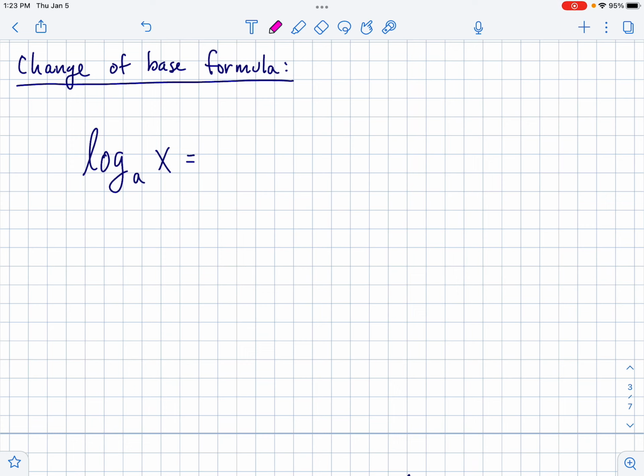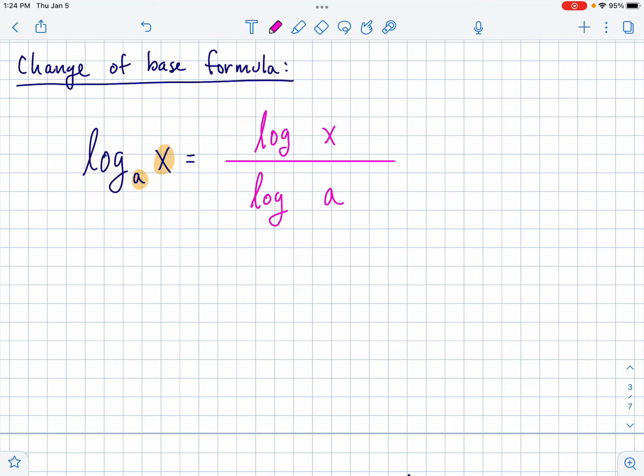Now, the change of base formula. The change of base formula states that if you have log base a of x, you can break this apart into 2 logs being divided. So the 2 logs being divided are going to be log of x in the top and log of a in the bottom.